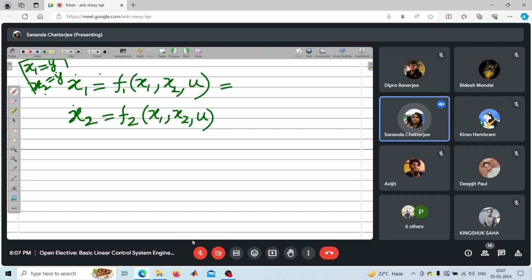And we want to represent the system as first order differential equations of these two states. So if I take the first order derivative of x1, that is y dot, as a function of y dot and u, I can write x1 dot is equal to x2. Do you agree?